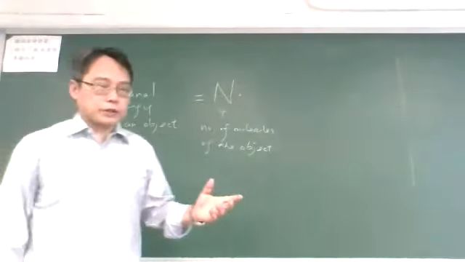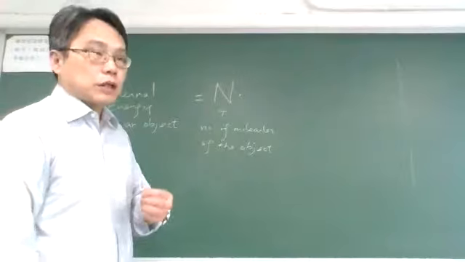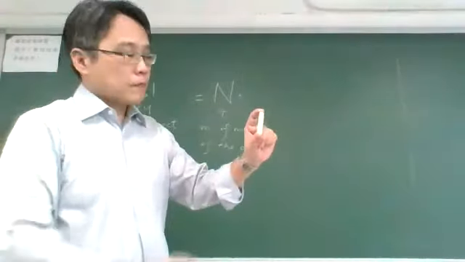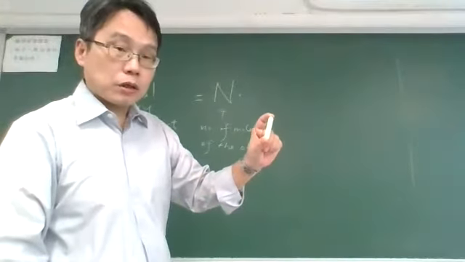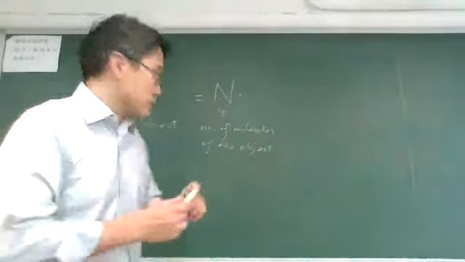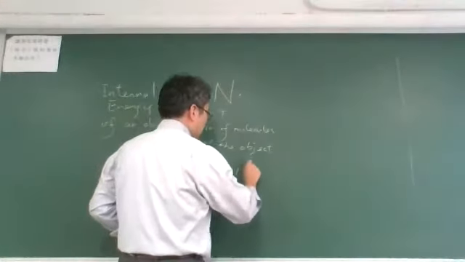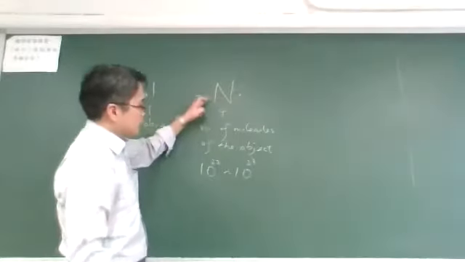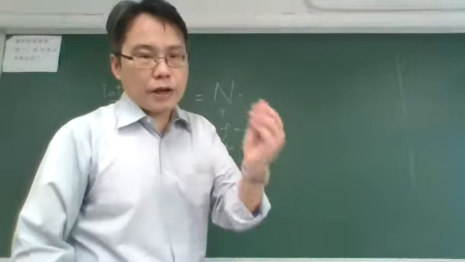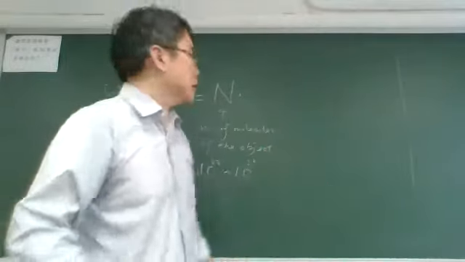We talk about one object, and N should be really large. If you have learned chemistry, for example, I'm holding a chalk here. The number of molecules in this piece of chalk can be as large as 10 to the power 22 or 10 to the power 23. This value is really large because each and every molecule is extremely small.